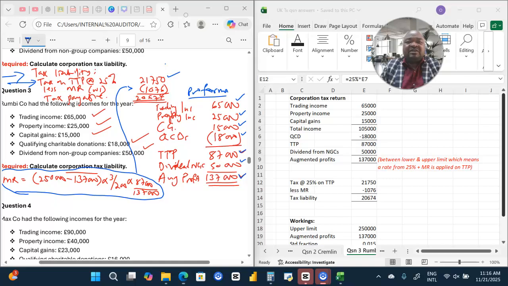We have 65,000, which was already shown there. Then property income, 25,000. And then capital gains.